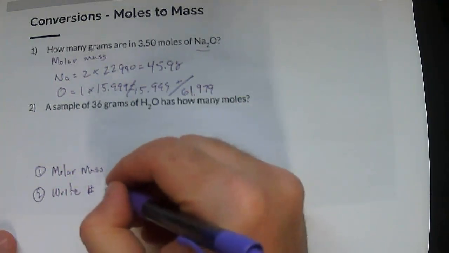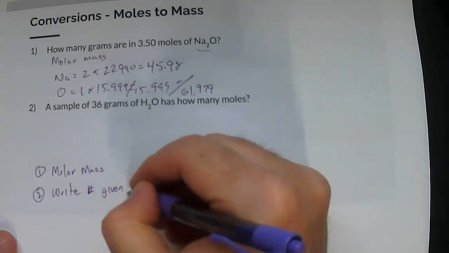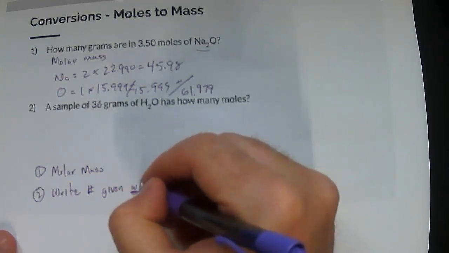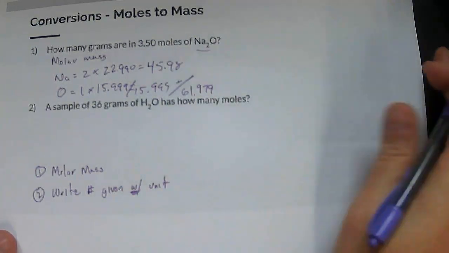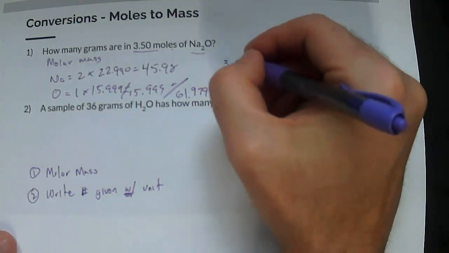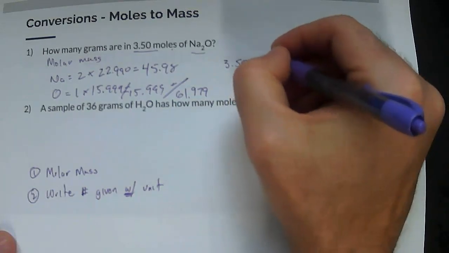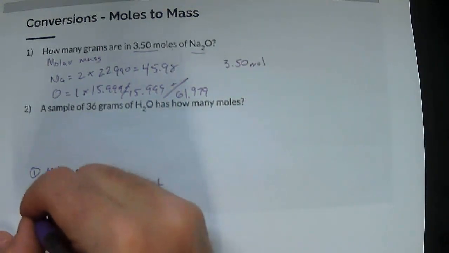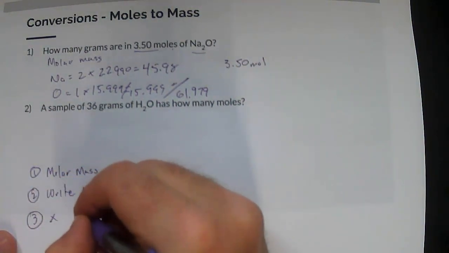a number given with unit. So what are we given? 3.50 moles. Then step 3, we're going to X line.